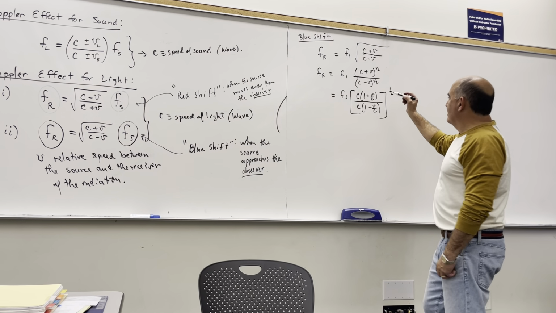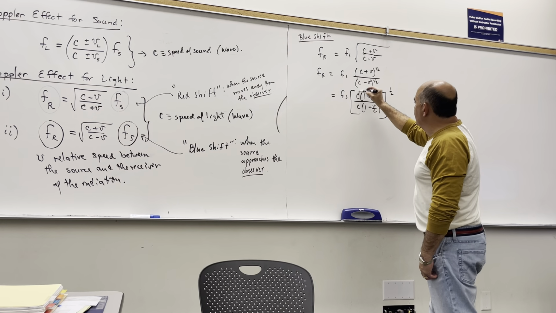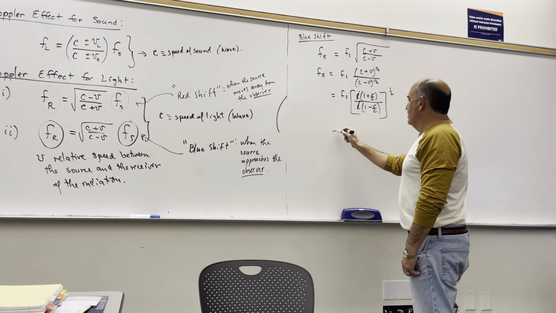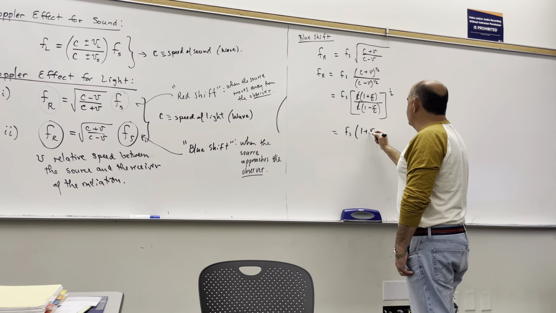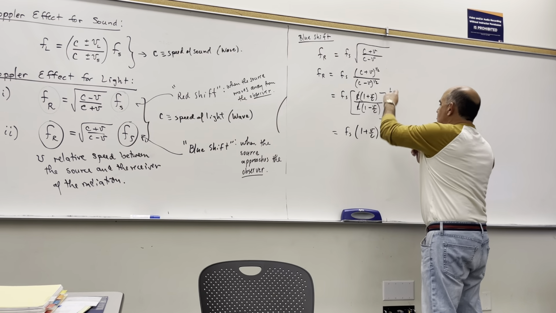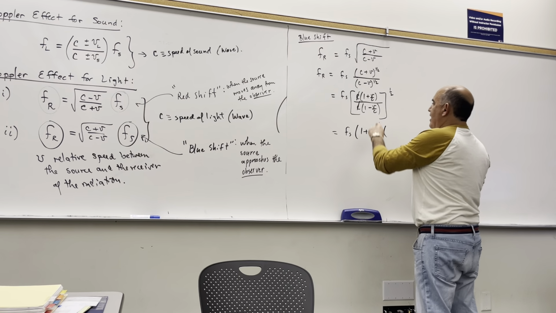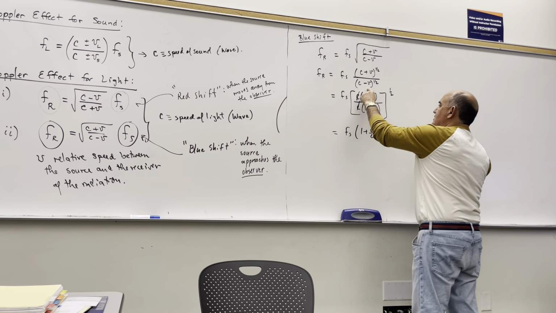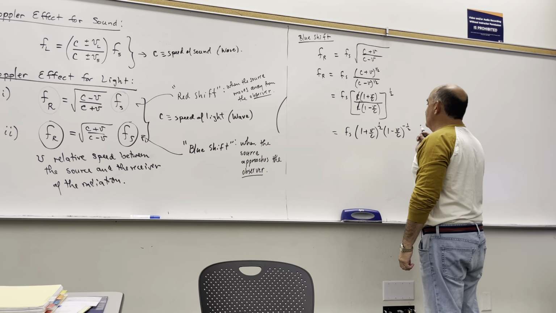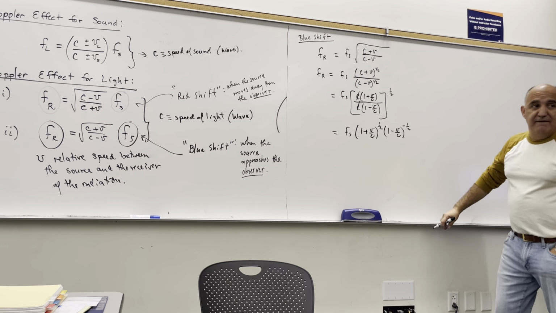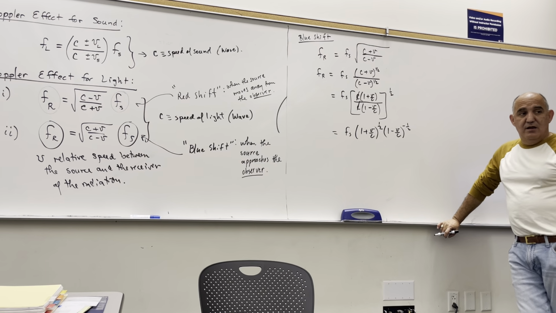I can put the 1/2, and then this cancels that. So then I have f of s, and then I can write this as 1 plus v over c, and that's in the numerator, so this is plus 1/2. Now this one that's in the denominator, I'm going to bring it upstairs. So then this becomes 1 minus v over c, raised to the minus 1/2. Right? Are you happy?